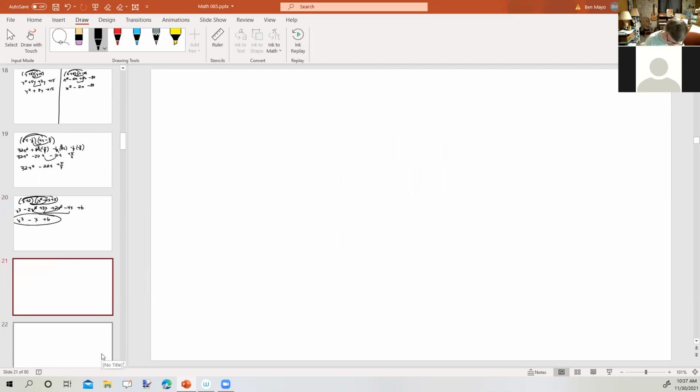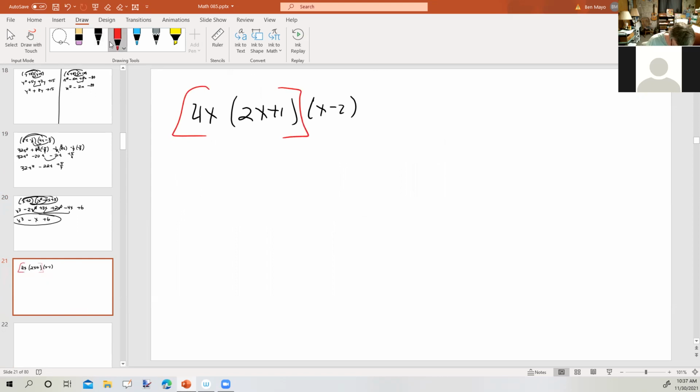Okay. What if we have something like this? 4x times 2x plus 1 times x minus 2. We can multiply the first two factors together and then distribute that, or the second two factors together and then go from there. Let's do it in order from left to right. So first of all, we'll do these two. This becomes 8x squared plus 4x.